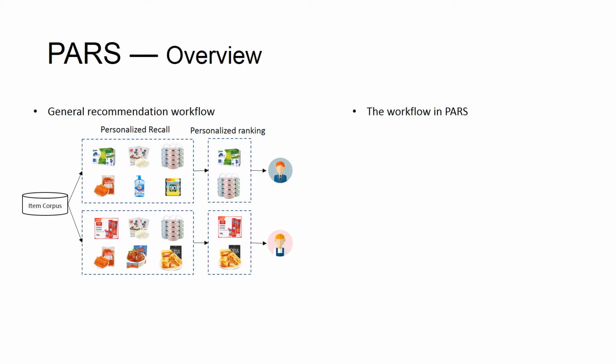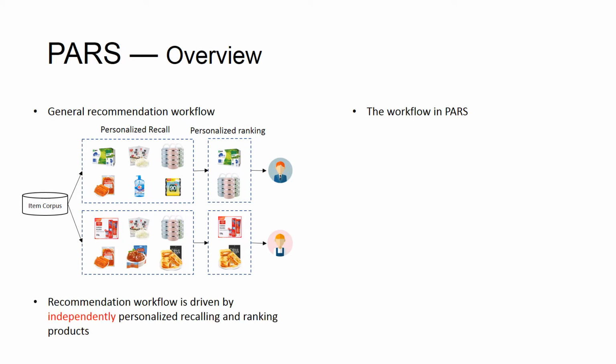The traditional recommender system recalls items from the item corpus and makes a personalized ranking before outputting the final result to the end customer. This means the traditional recommender system is driven by independently personalized recalling and ranking of products.